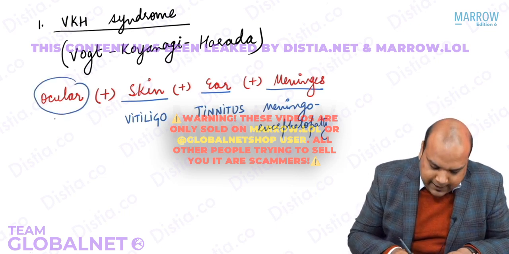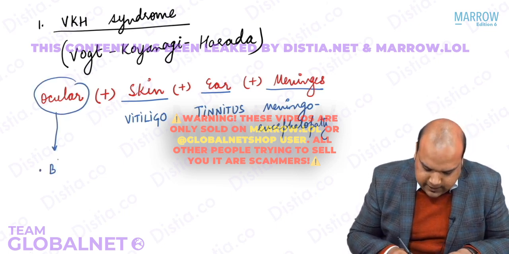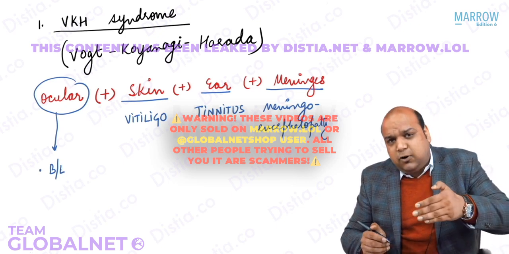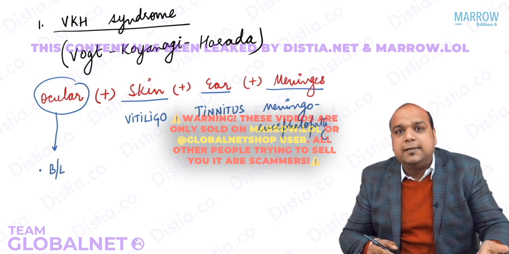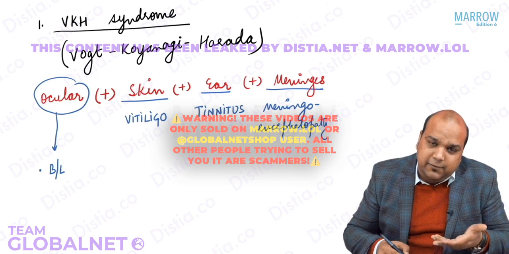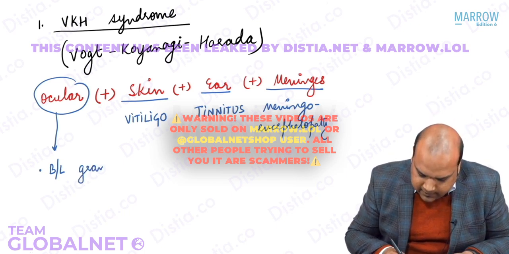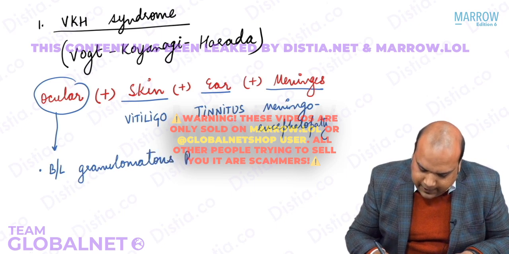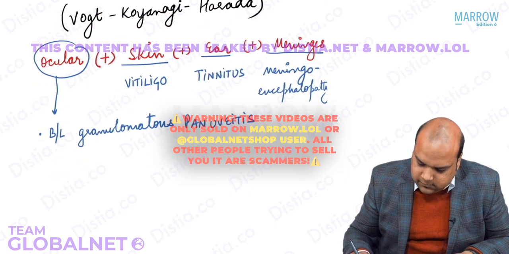Now we come on to the eye. In eye, what are you seeing, everybody? We are discussing VKH syndrome is a cause of panuveitis. So that means what is the ocular sign, everybody? Bilateral granulomatous panuveitis. Am I clear?